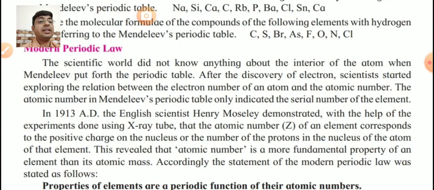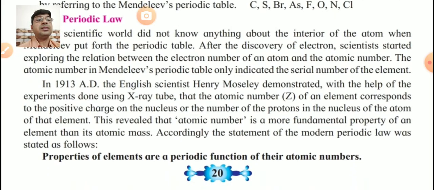This revealed that atomic number is a more fundamental, that is the basic, property of an element than its atomic mass. Accordingly, the statement of the modern periodic law was stated as follows.